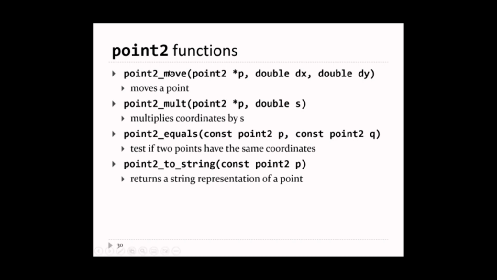So if I just call this move, or mult, or equals, or toString, there is a good chance that somewhere else in the program there's also another function called move, mult, equals or toString. Now the names clash and the program won't link. So it's very common that you end up appending the name of the type in front. And hopefully that reduces the probability that you end up with clashing names.